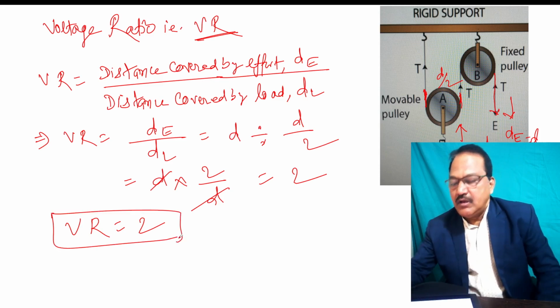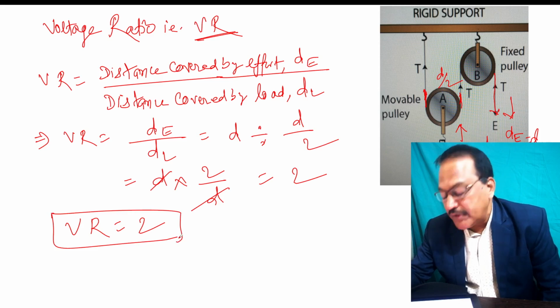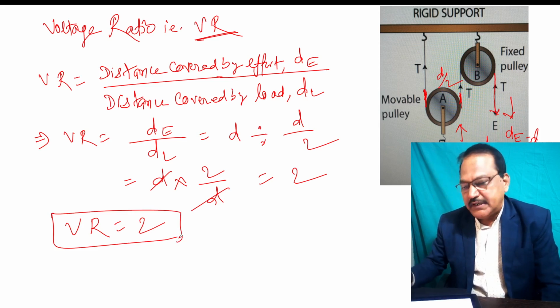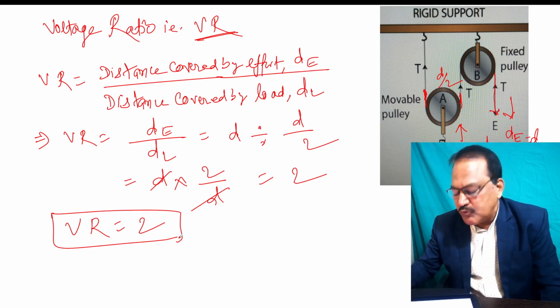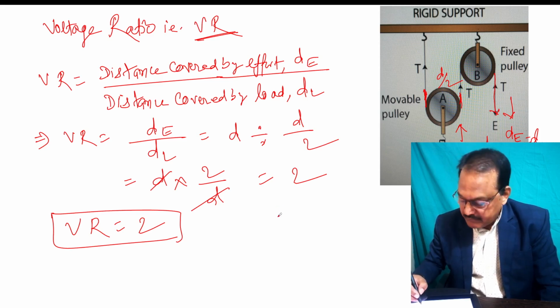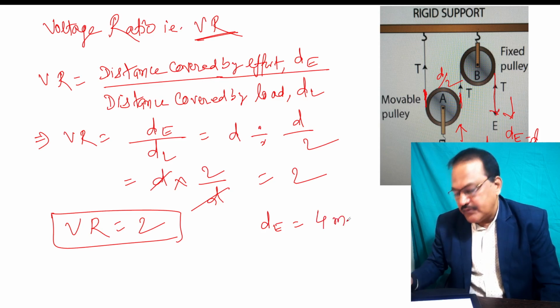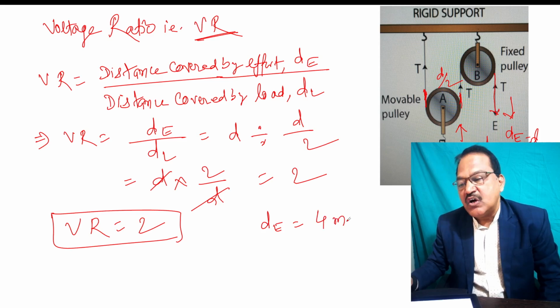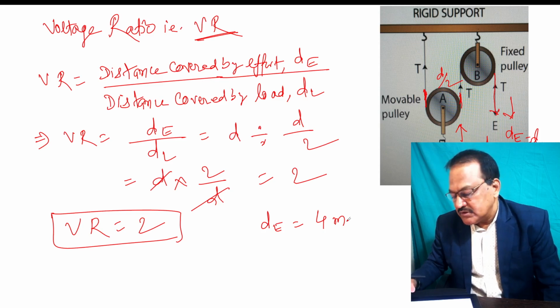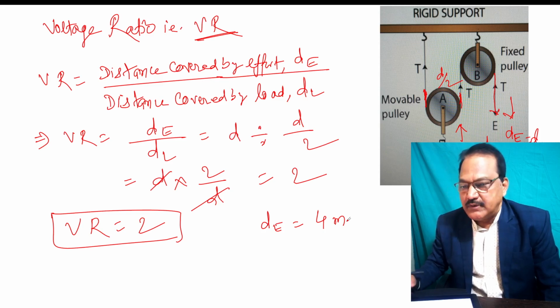What have we calculated here? Let us suppose, for example, the effort is moved by 4 meters, means dE is equivalent to 4 meters of distance in the downward direction. Then by what value will the load go up?